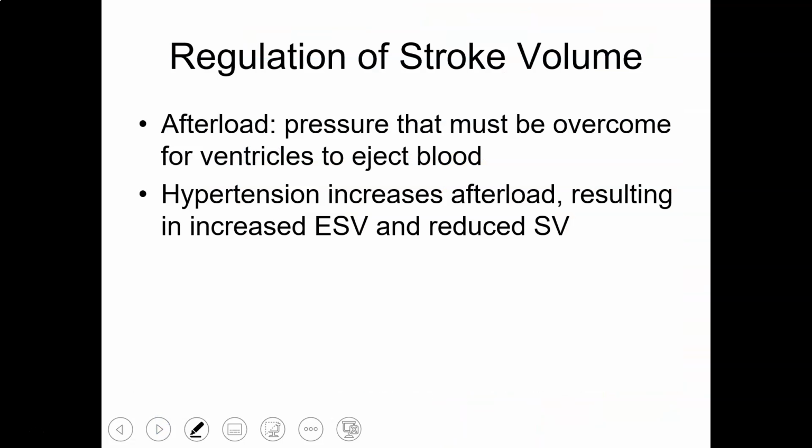The last thing is afterload. Afterload is the pressure your heart has to beat to get blood out. All right, so take a second and let's work on this analogy here. So, car tire. So, when you put air in your car tire, why don't you use a bicycle pump?